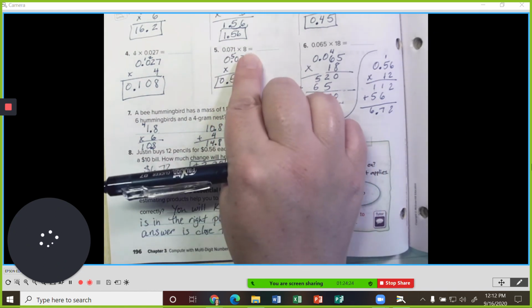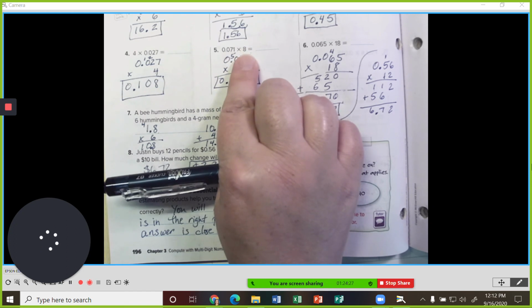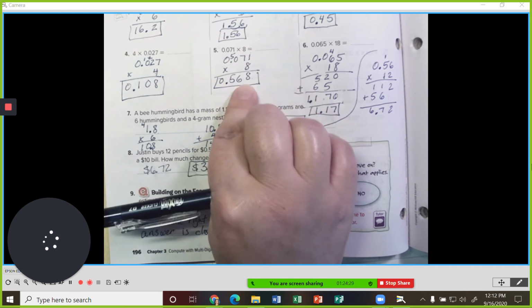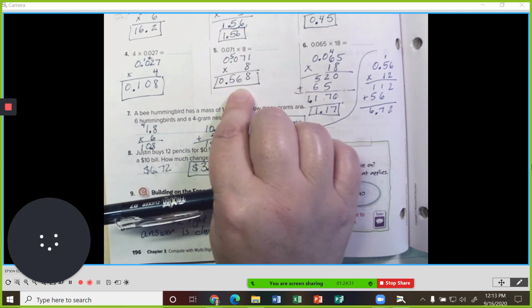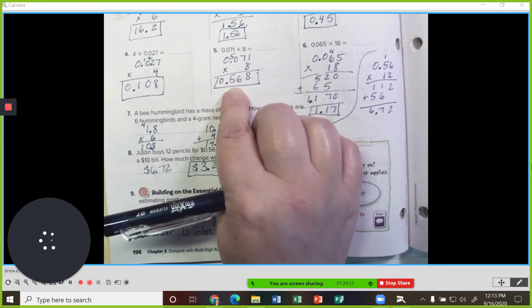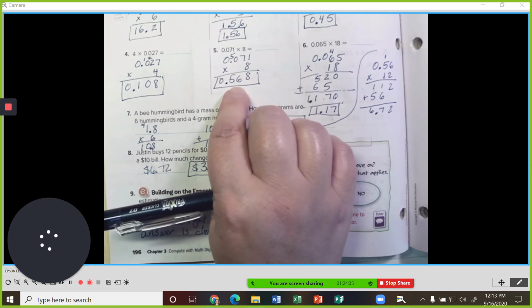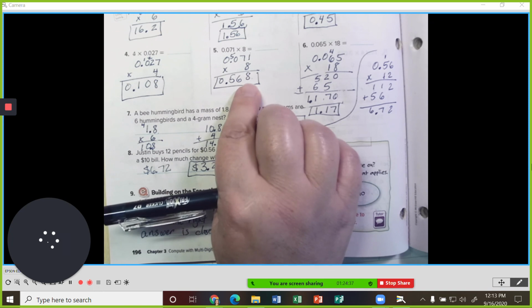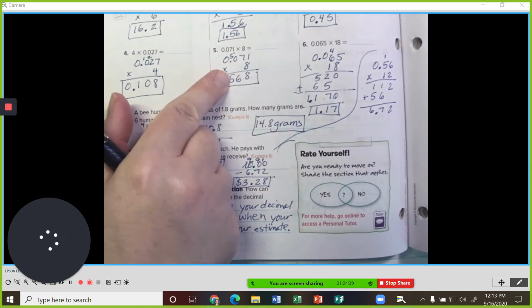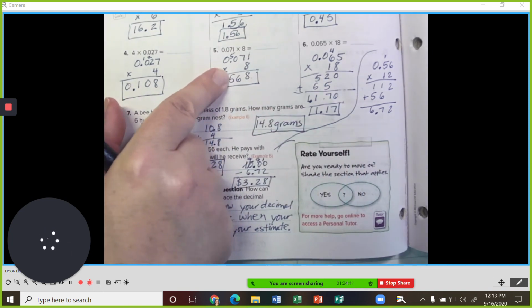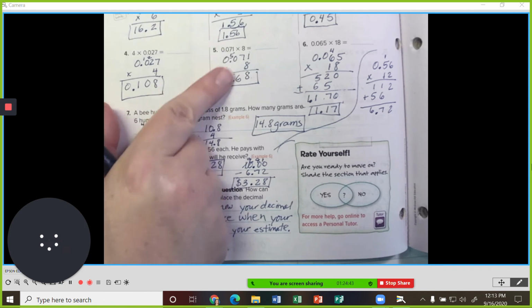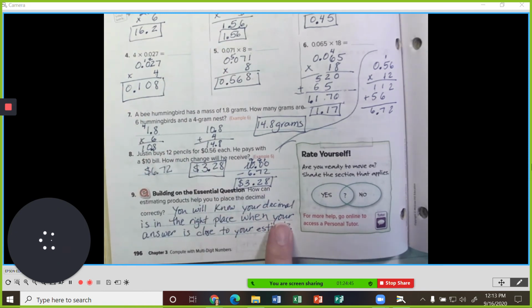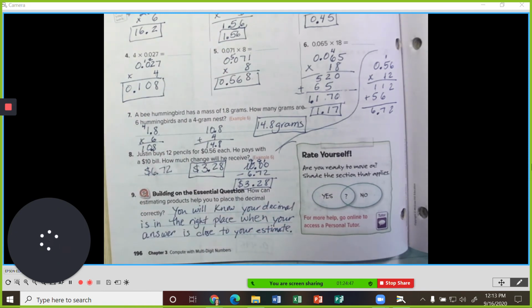Well, 7 cents 8 times would be 56 cents. So this is pretty close to 56 cents. Now, if it were 5.68, so $5.68 or $56.80, or if I just had $568, I would know I'm off. So that estimate just helps us to know if we have our decimal in the correct place.